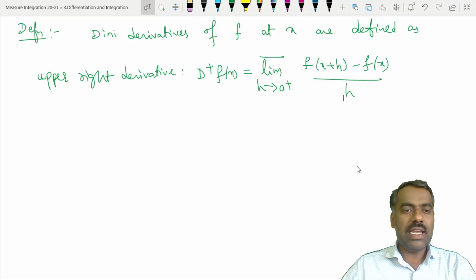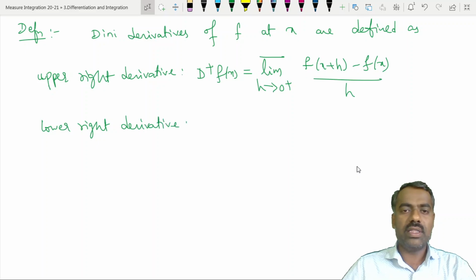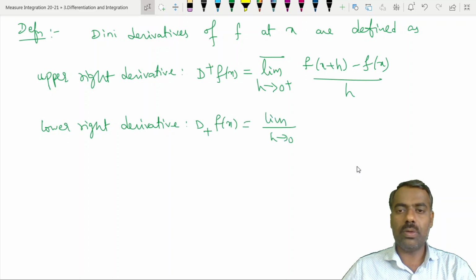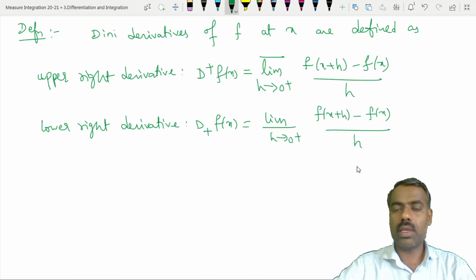Similarly, this time it is lower but right derivative. Lower right derivative, we denote by D plus f of x, this is the lower limit as h tending to 0 plus of f of x plus h minus f of x upon h, right?